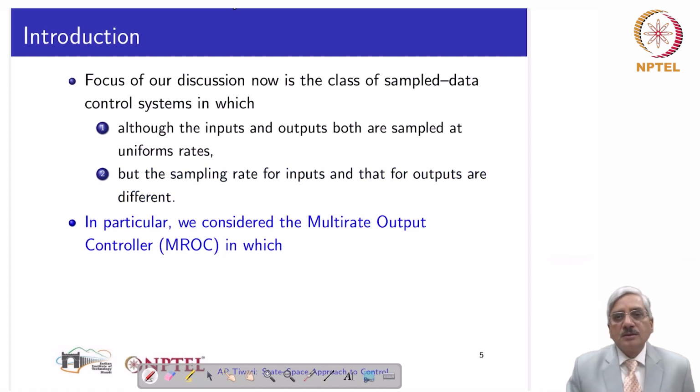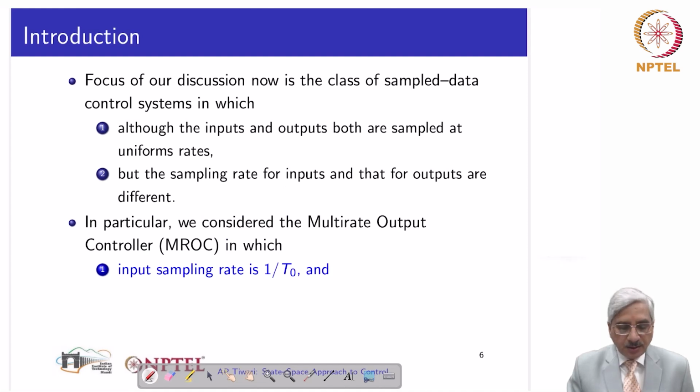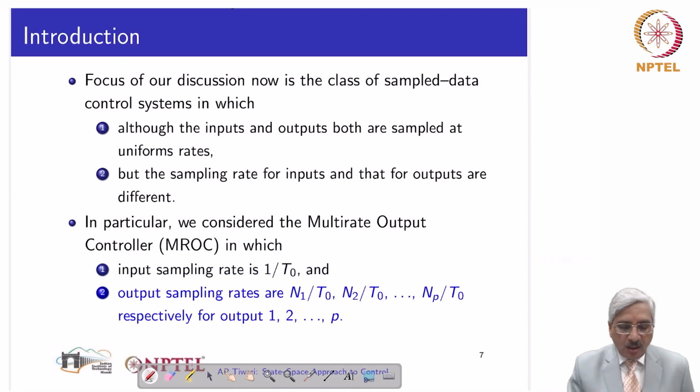So in the last week, in the last lecture, we discussed the multi-rate output controller. In this controller, the rate of sampling of the input is 1 by T0. However, the outputs were sampled at a faster rate: N1 by T0, N2 by T0, N3 by T0, etc. The pth output was sampled at the rate Np by T0.